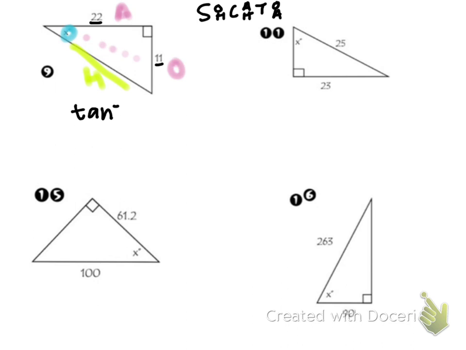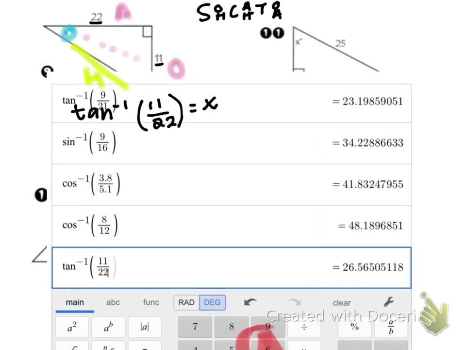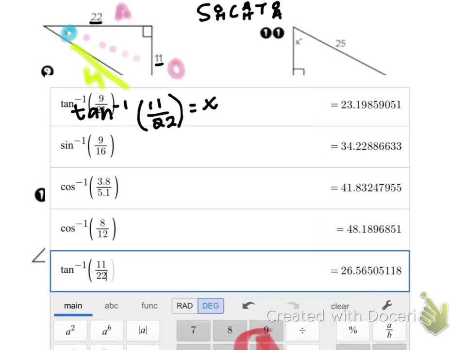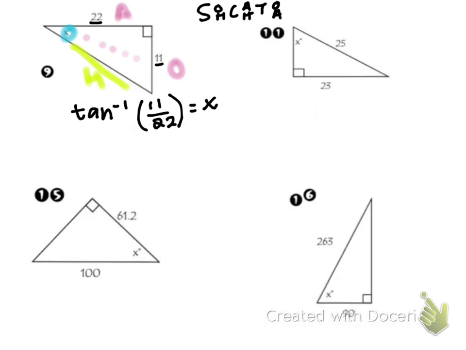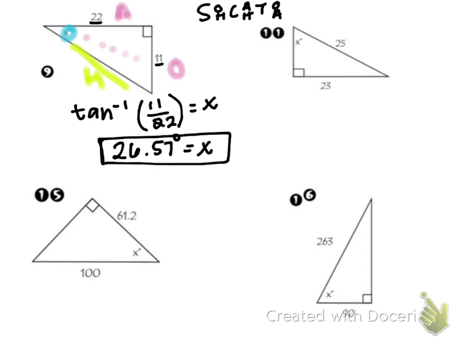So inverse tangent, and it's O divided by A, so 11 divided by 22 equals X. Pop that in your calculator, and it's going to look like this: 26.565, so 56.5, it rounds up to 57 degrees.